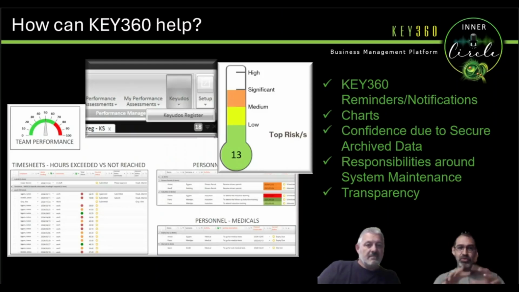The fact that all of the users that you give access to can see what's been done, when it's been done, and who did it. So it really keeps everyone on the same page, and you can actually fix mistakes before they have any effect, again, with those notifications and reminders in place.